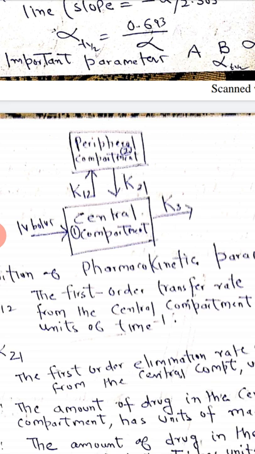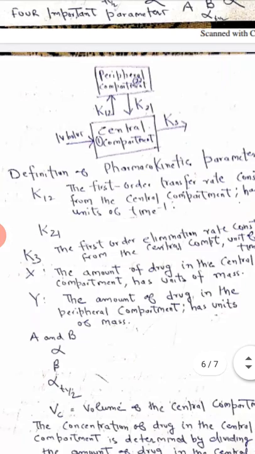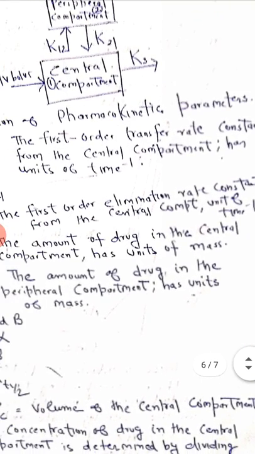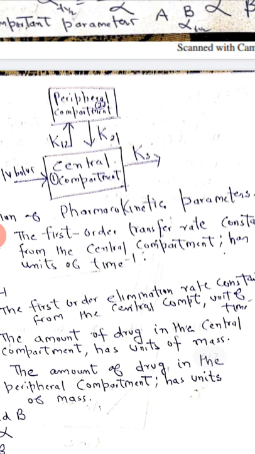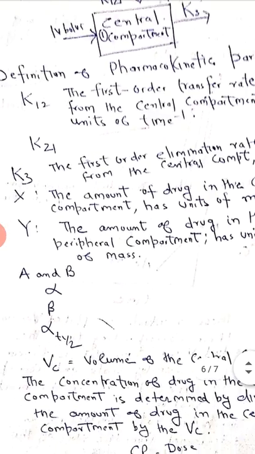K12 is the first order transfer rate constant from the central compartment to the peripheral compartment, and the unit is time inverse. K21 is the transfer rate constant of the drug from the peripheral to the central compartment.